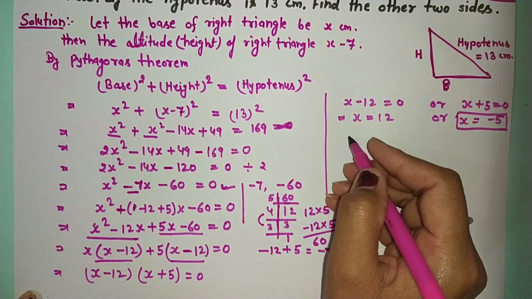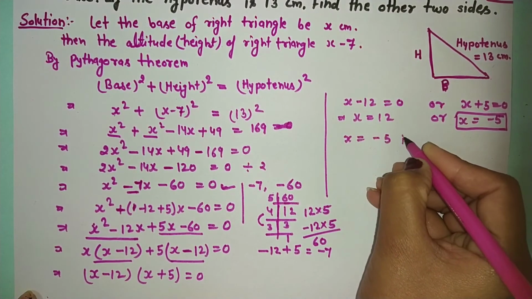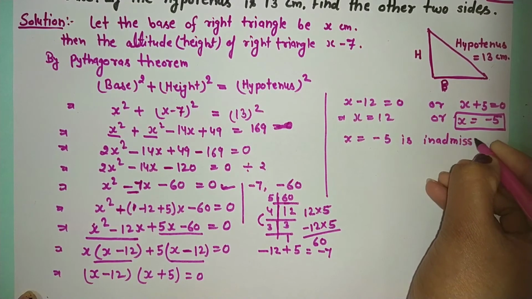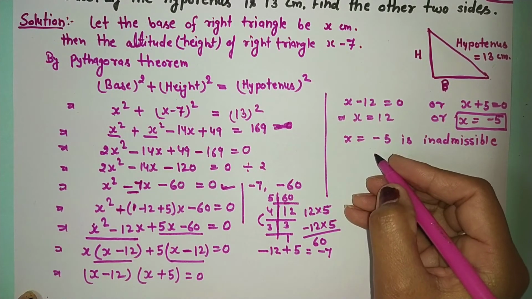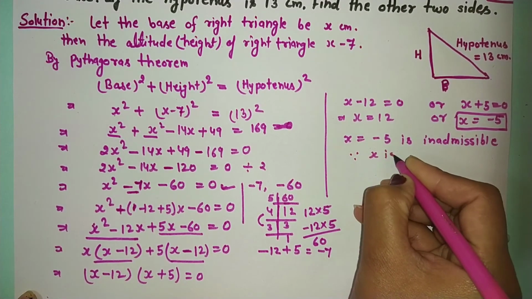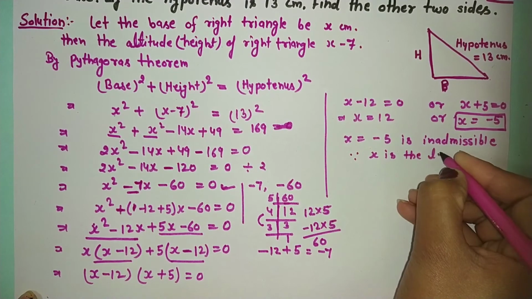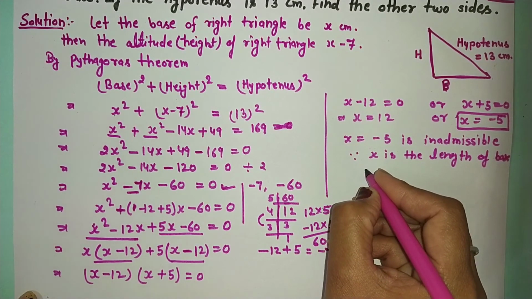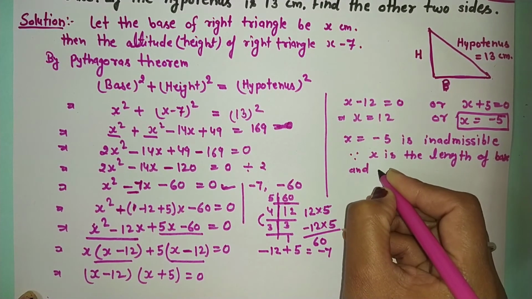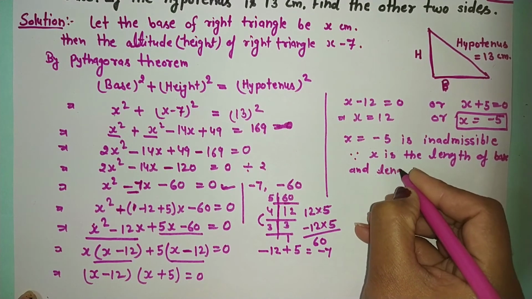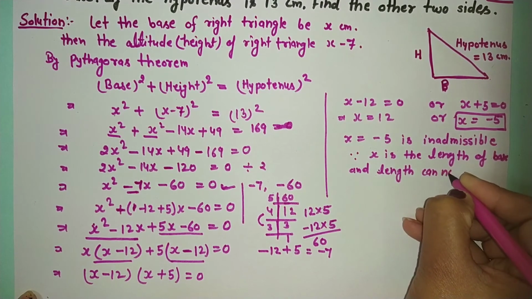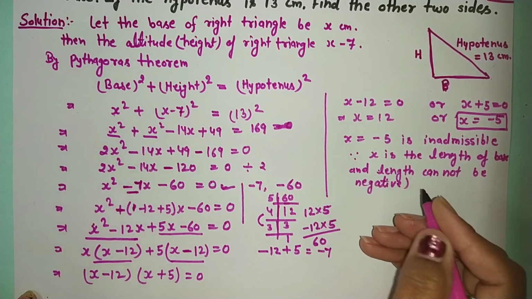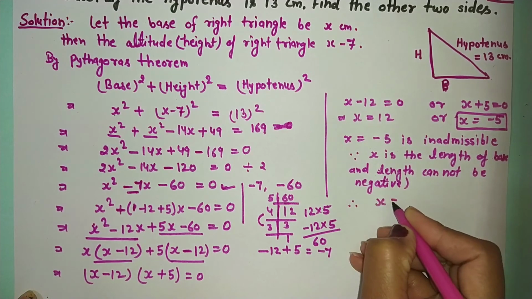Therefore x equal to minus 5 is inadmissible, because x is the length of the base, and length cannot be negative. Therefore x is equal to 12.